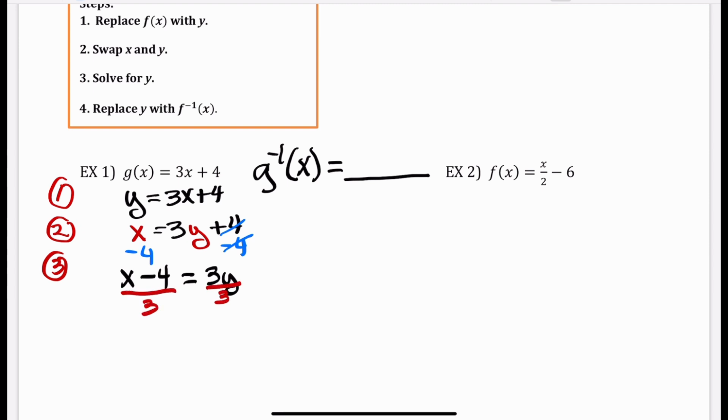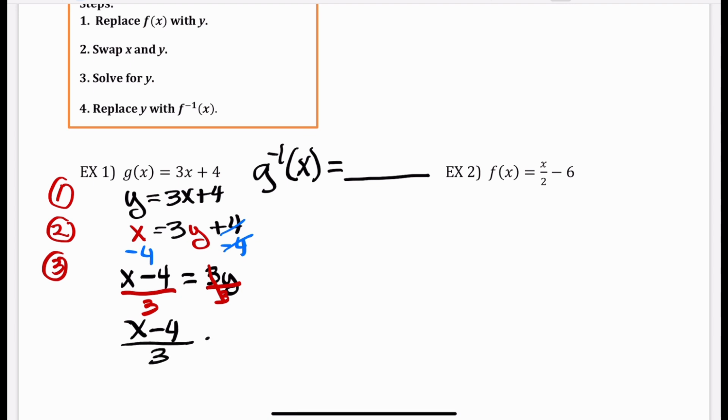So you notice that we are doing opposite or inverse operations. That's the idea. To find the inverse of an equation, you switch x and y and use inverse operations. And what that will do is isolate our y, and that will give us x minus 4 all over 3.